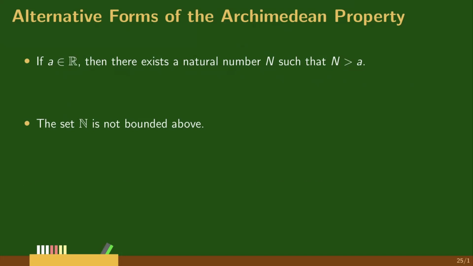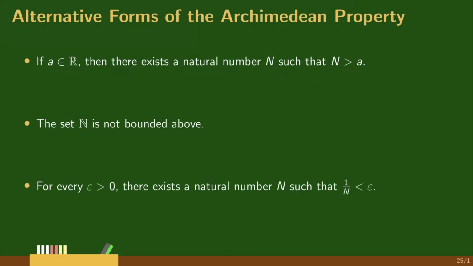Okay? And the other form, which is frequently used as well, is the epsilon form. Ito yung epsilon form ng Archimedean property. Sabi nito, for every epsilon greater than 0, there exists a natural number n, so that 1 over n is less than epsilon.